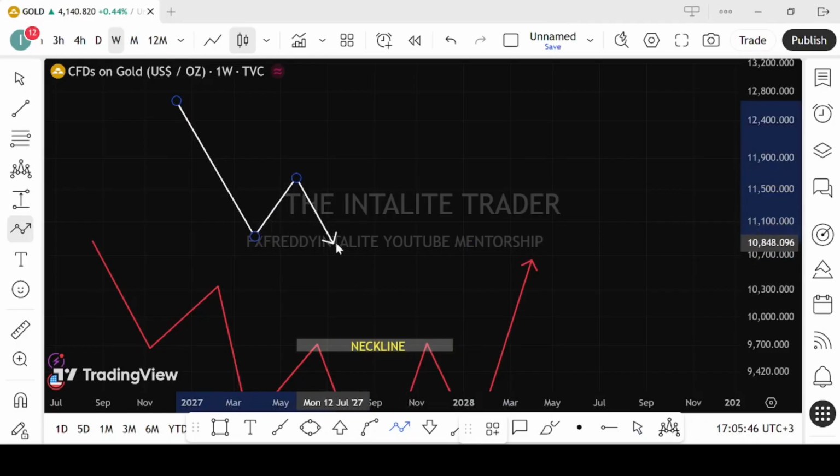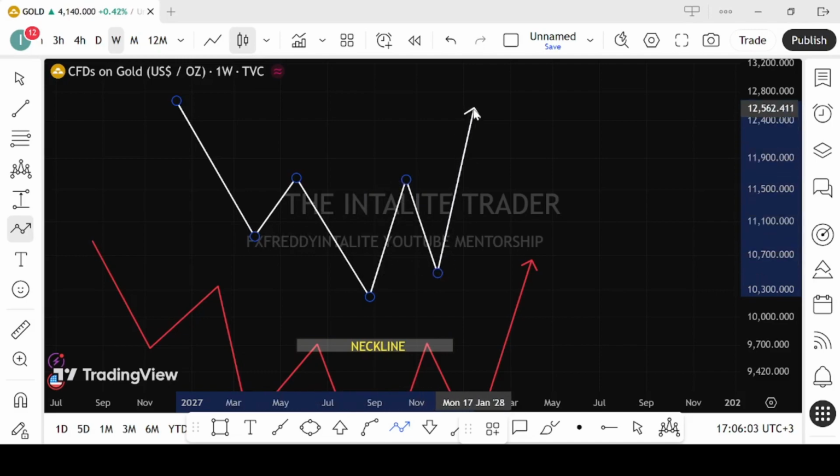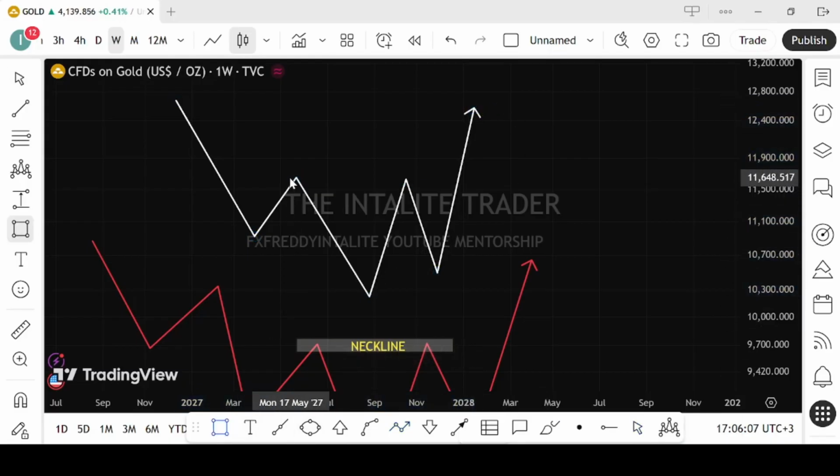Price gives you this left shoulder, it gives you a head. Then it comes and it forms equal highs, but the left shoulder and right shoulder don't line up, and still price breaks above. So when you see that, that means it was an imperfect head and shoulder pattern.